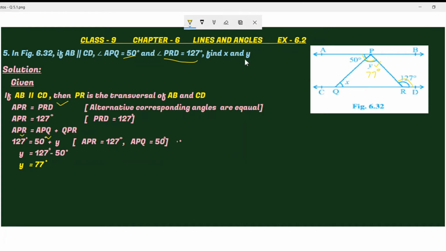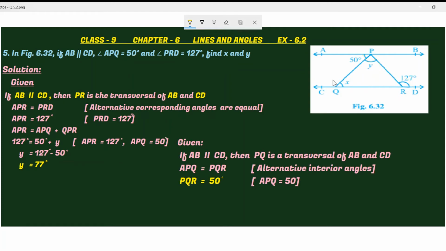Now we have to find out X. To find X, I can take PQ as a transversal of AB and CD. AB and CD are two parallel lines. If PQ is a transversal, then angle APQ and angle PQR are two alternate interior angles.